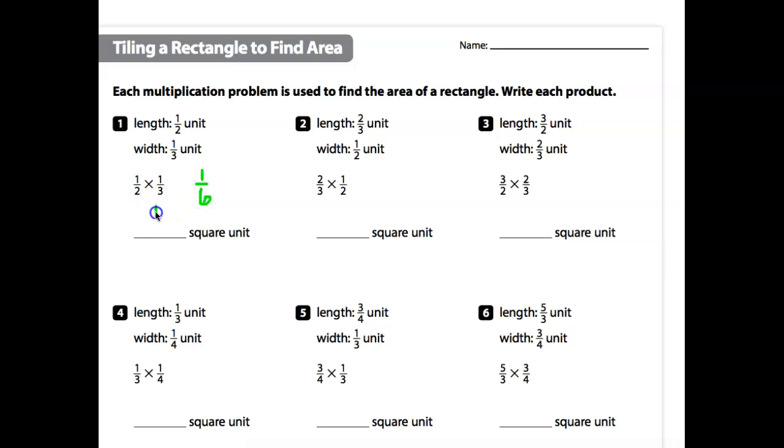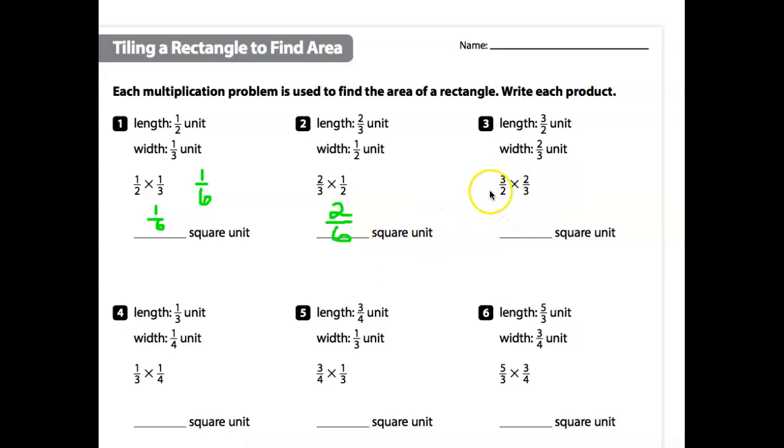So your answer there is 1/6. You could even just put it here. 2 times 1 is 2. We know that's the numerator. 3 times 2 is 6. And you don't even have to reduce this. This could be reduced to 1/3, but right now all we're doing is multiplying across.